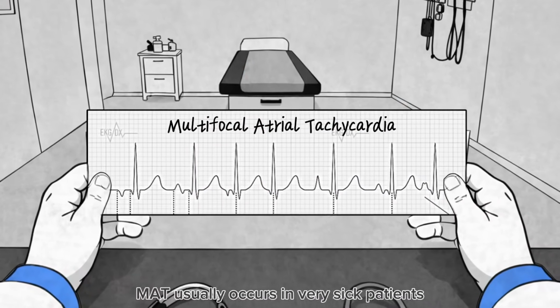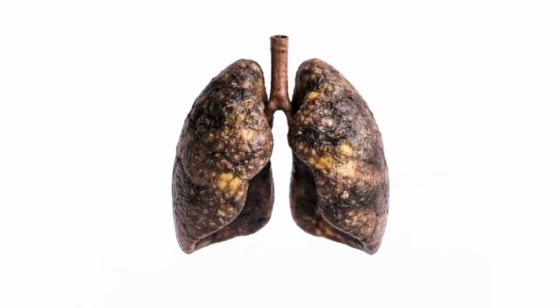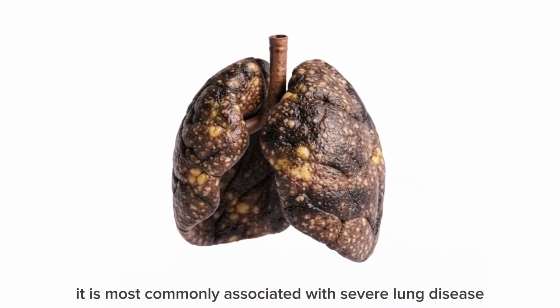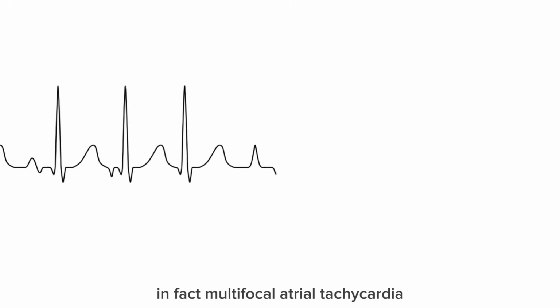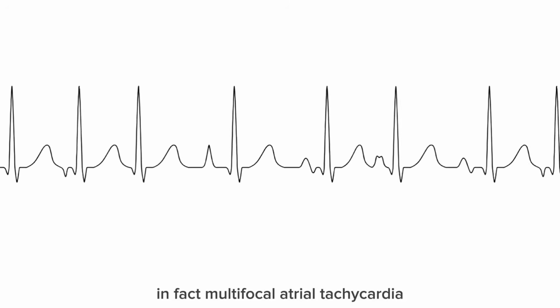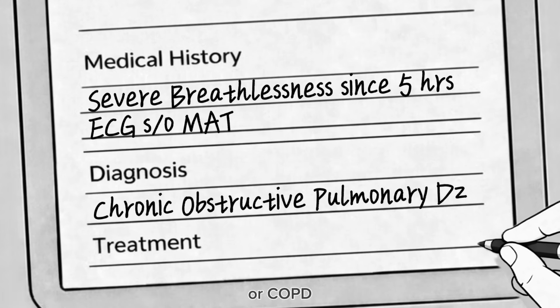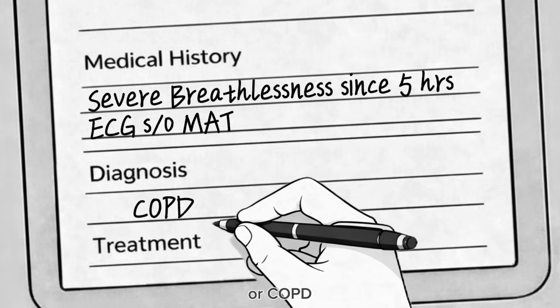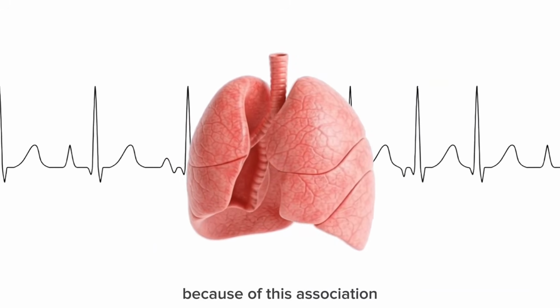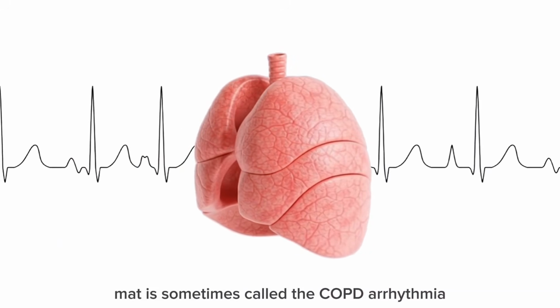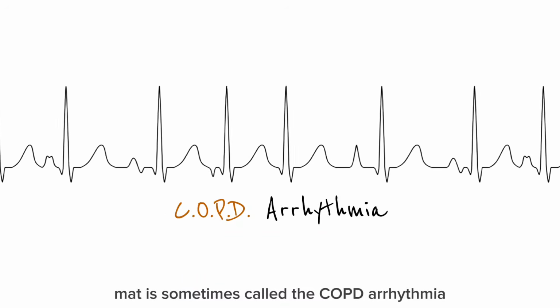MAT usually occurs in very sick patients. It is most commonly associated with severe lung disease. In fact, multifocal atrial tachycardia is strongly linked to chronic obstructive pulmonary disease, or COPD. Because of this association, MAT is sometimes called the COPD arrhythmia.